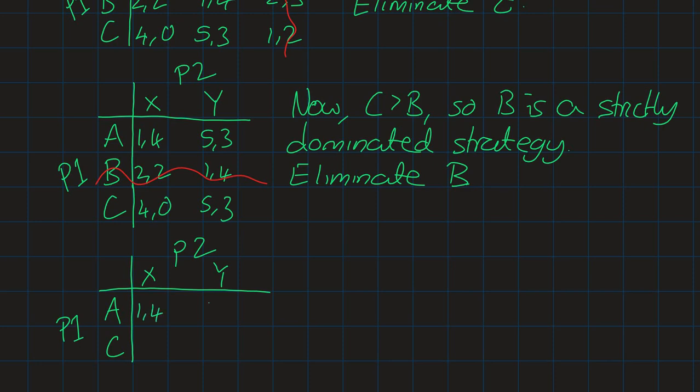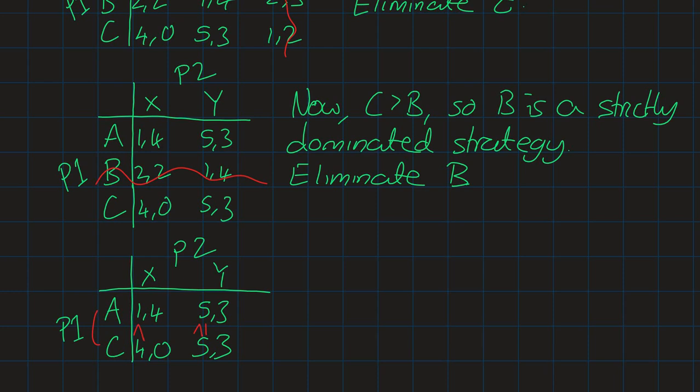So it's 1, 4, 5, 3, 4, 0, 5, 3. Okay, so let's see if there are any more strictly dominated strategies. Maybe I'll compare X and Y. So 4 is strictly bigger than 3, but 0 is strictly less than 3. So nothing good there. Maybe I'll compare A and C. 1 is strictly less than 4, but 5 is less than or equal to 5.